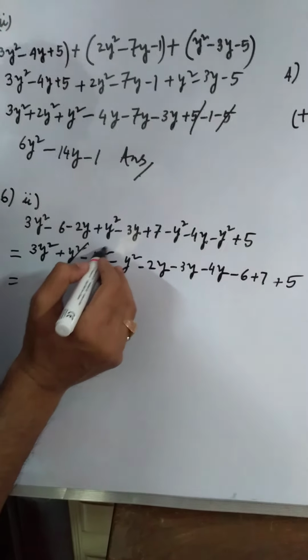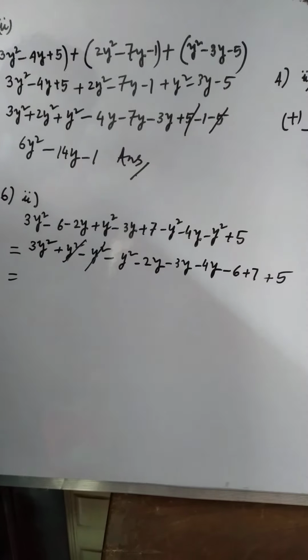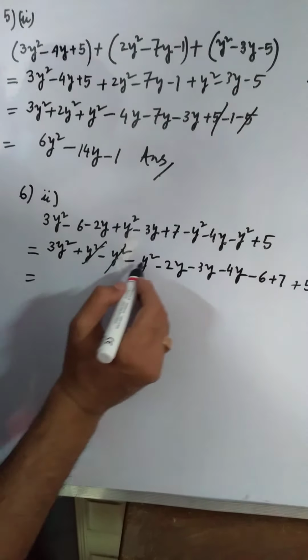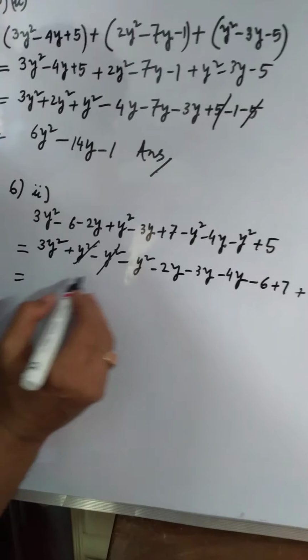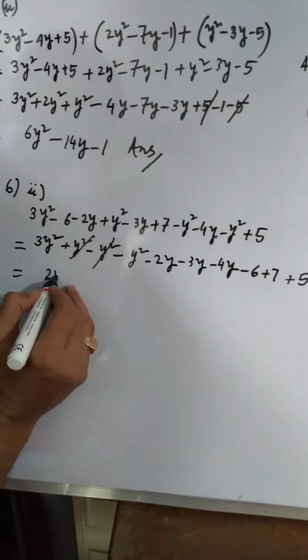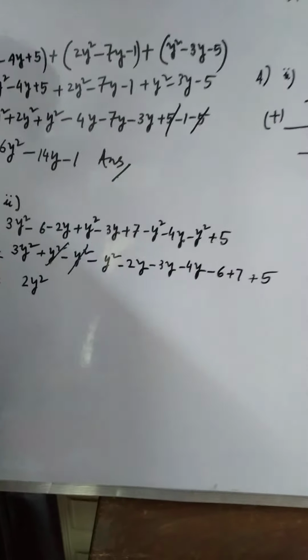Plus y square minus y square cancel out automatically. Now 3y square minus y square, 3 minus 1, that is 2. So the result is 2y square.